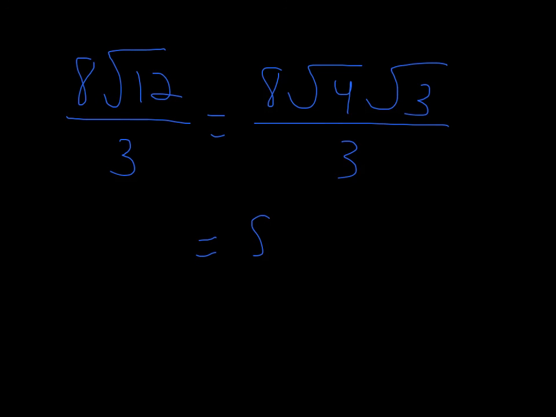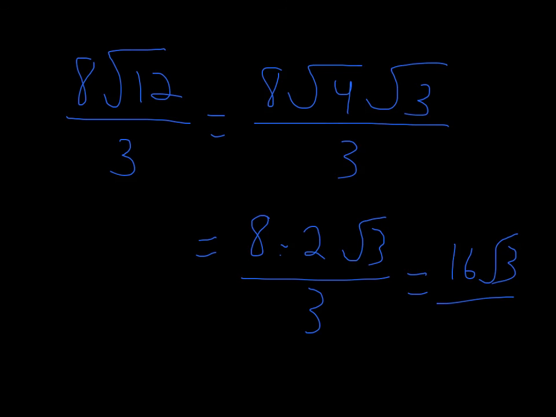Bring down 8 in the numerator, can't touch that. Square root of 4 is 2. Square root of 3 stays square root of 3. 3 is in the bottom. Be careful not to cancel 3 and radical 3. One's a radical and one's not a radical. Can't touch those. So 8 times 2 is 16 radical 3 over 3.